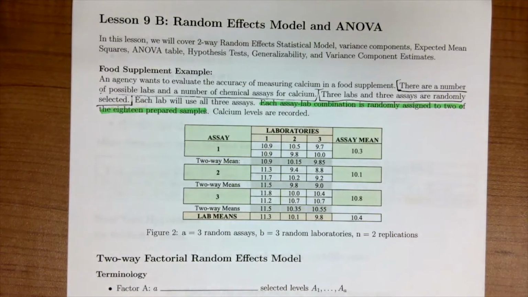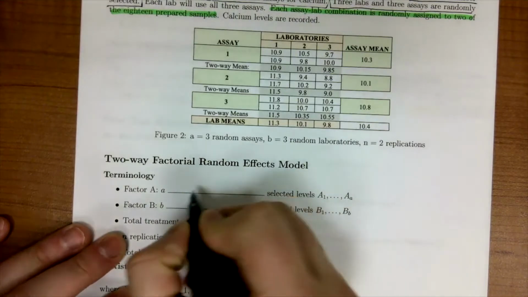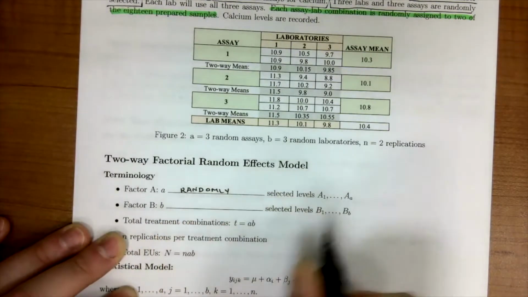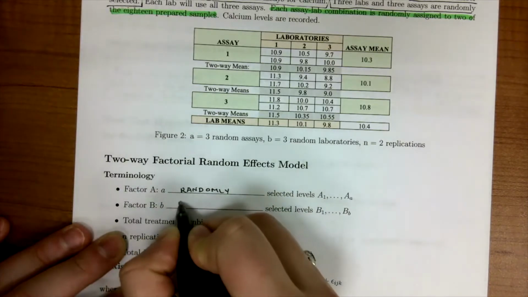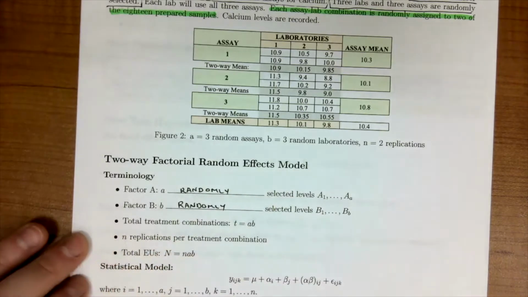Okay, so let's introduce some terminology. Factor A will have A randomly selected levels. Factor B will have B randomly selected levels.